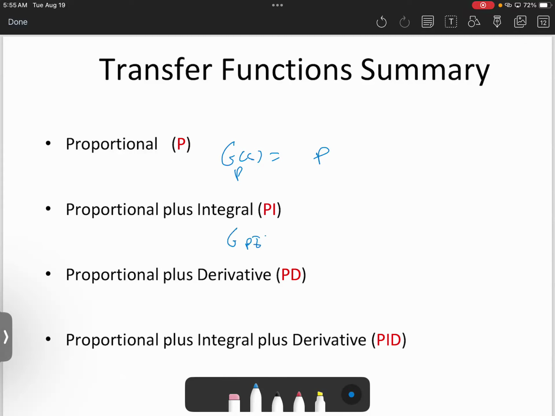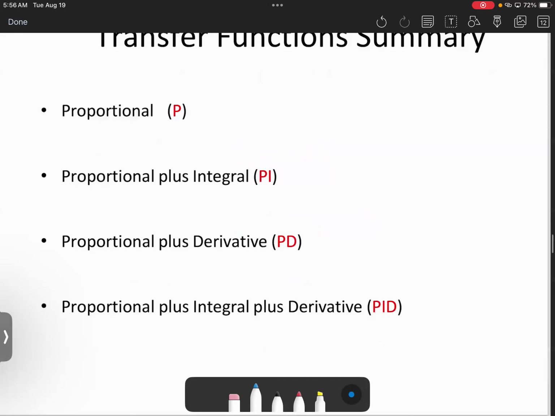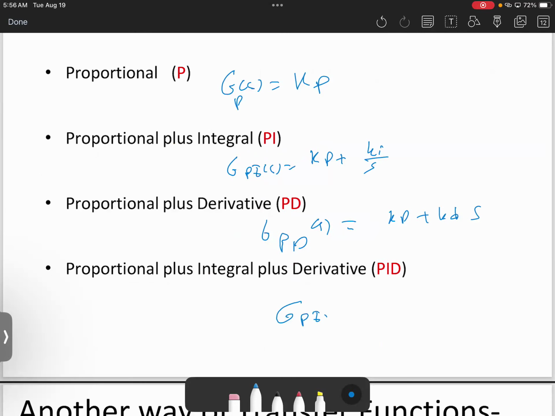For the PI, it is KP plus KI over S. How about the PD? KP plus KD times S. How about PID? KP plus KI over S plus KD times S.